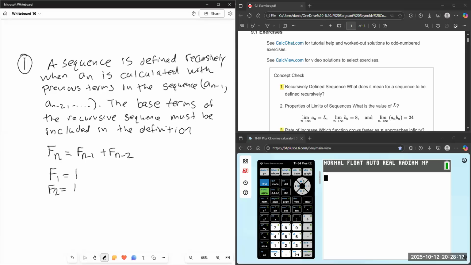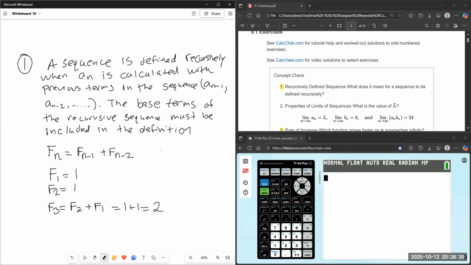Then I can start calculating that, okay, if I want F3, that's going to be F2 plus F1, because 3 minus 1 is 2 and 3 minus 2 is 1.